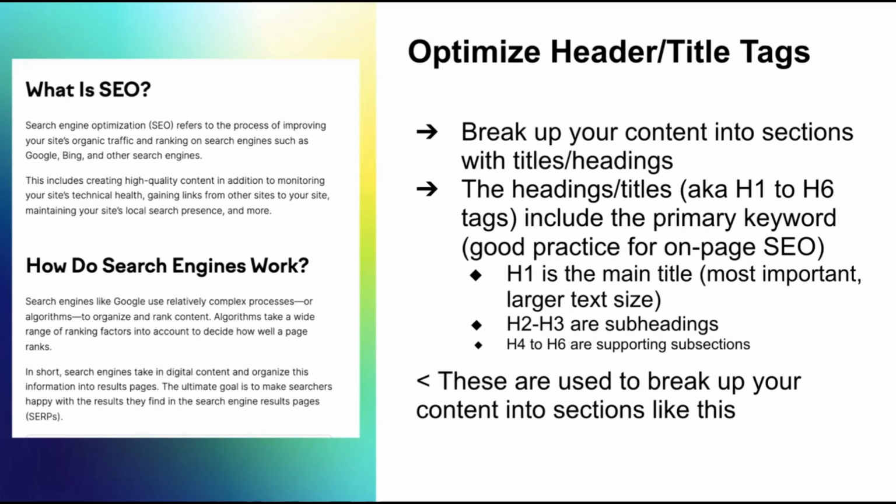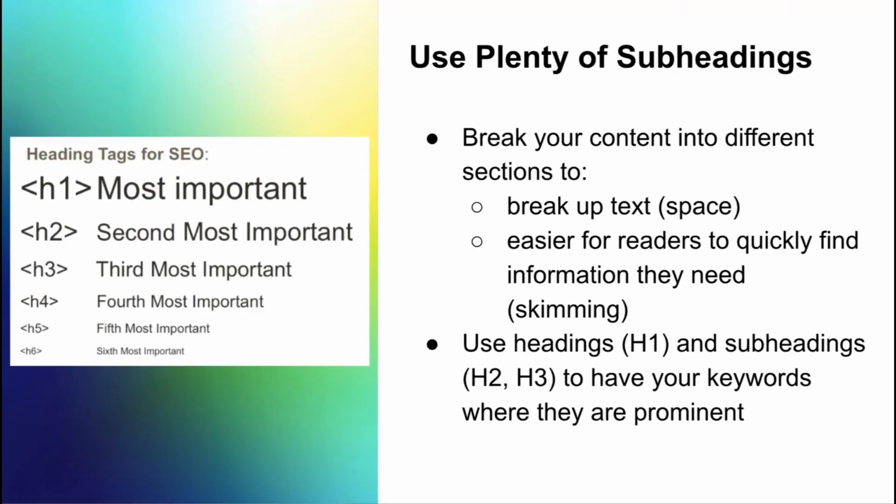If you take a look at the image on the left-hand side. You also want to consider breaking up your content into different sections. It allows you to create more visual space by breaking up the text. It's easier for readers to quickly find the information they need by skimming.